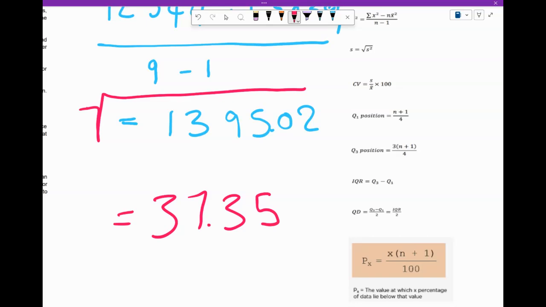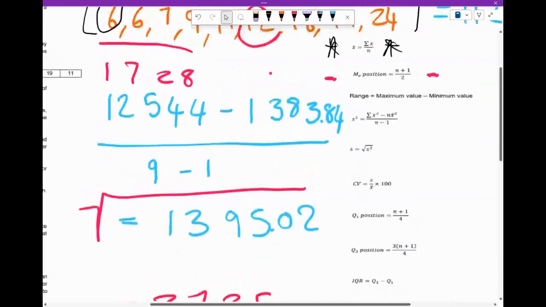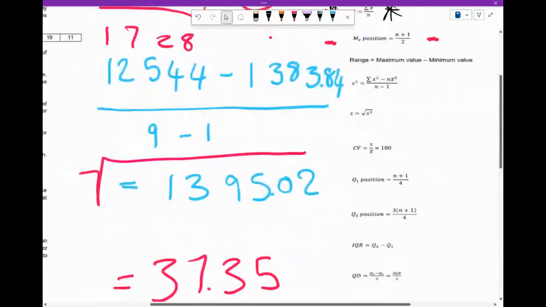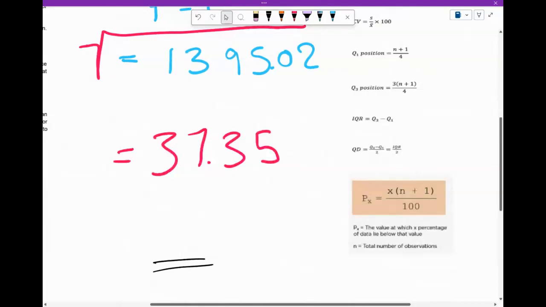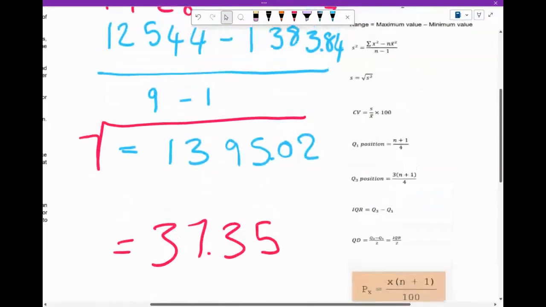But then they also ask us to calculate what else? The one we did previously was the variance. We haven't done the range yet. The range is the difference between your maximum and your minimum. This formula over here.